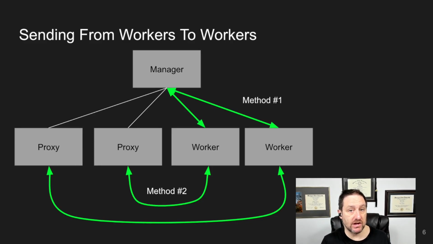You could send it through the manager. I typically like to use proxies because I found people use proxies less, so I usually try to use proxies since they're more available. So I'm just showing you there's two different methodologies depending on which one you use on that slide. It either goes through the manager back to the workers, or it goes through the proxies back to the workers.